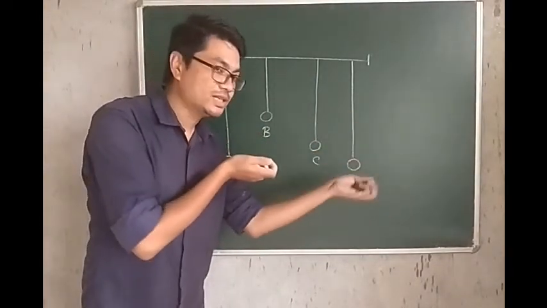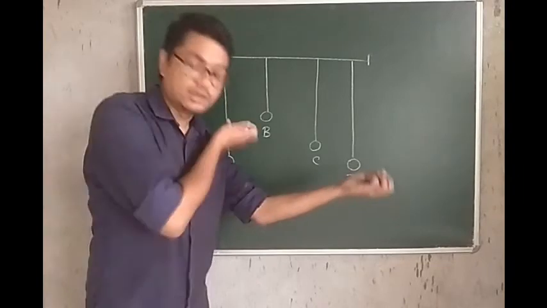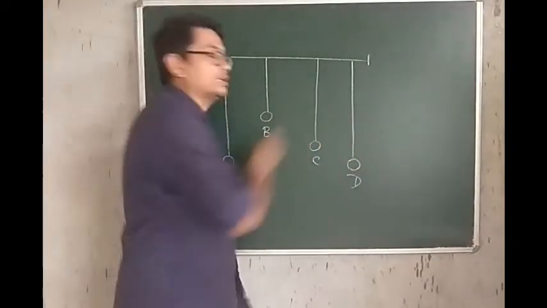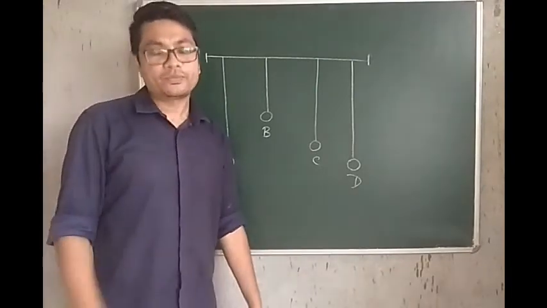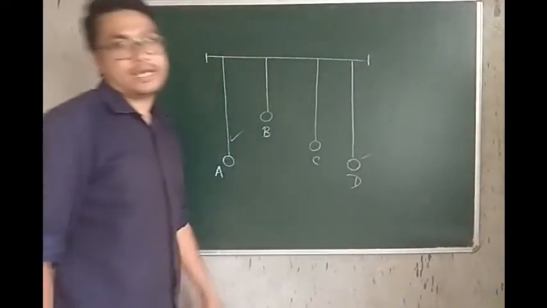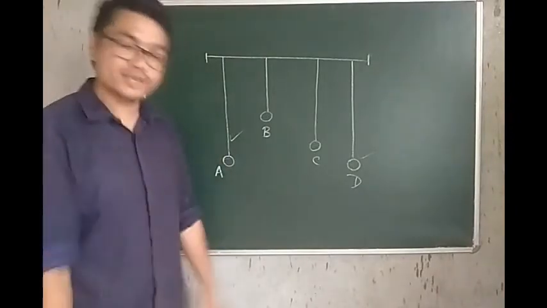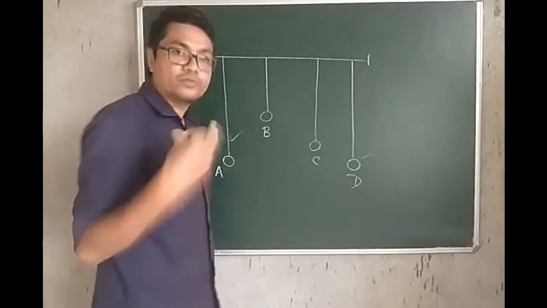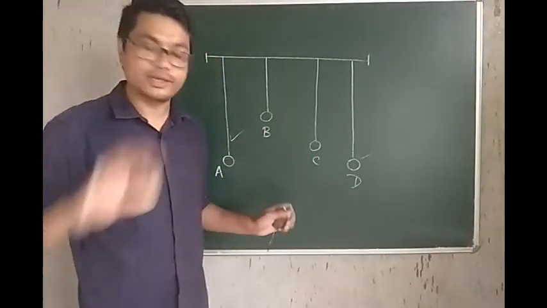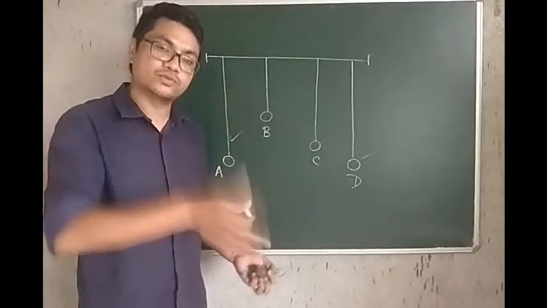Then the amplitude of D starts decreasing and A will swing with full amplitude, and the transfer of energy between A and D goes on. So there is sharing of energy between A and D, and this happens because of resonance, because they have the same natural frequency, whereas B and C do not oscillate with nice full flow.